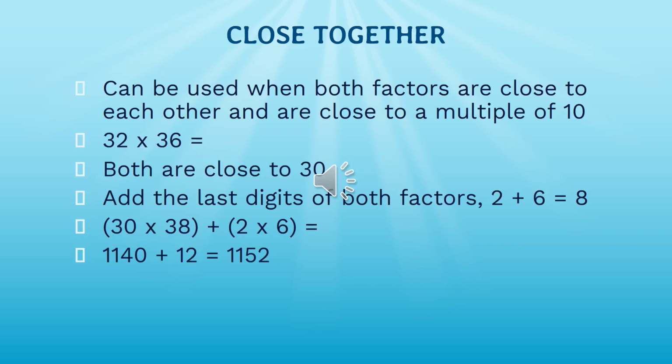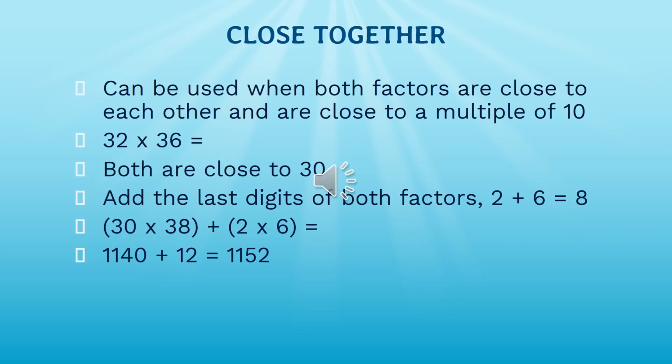32 times 36. Now both 32 and 36 are close to 30, which is a multiple of 10. Now to proceed with this technique, first I need to know which multiple of 10 these two factors are close or near.